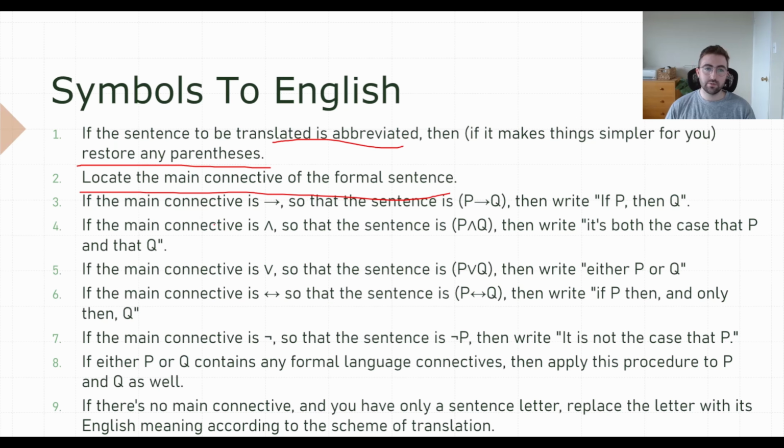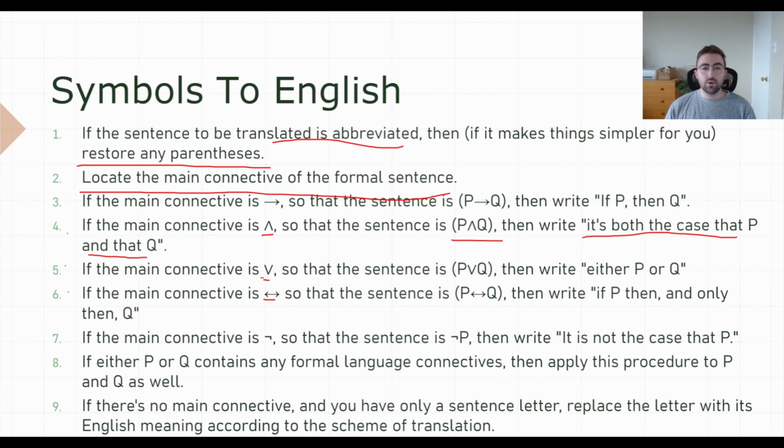The only difference now is that we have to consider, as you'll see in step 4, step 5, and step 6, and symbols, or symbols, and if and only if symbols. If the main connective is an and symbol, so for example, you have P and Q, then you'll write it's both the case that P and that Q. Using this specific language will help keep things clear for you.